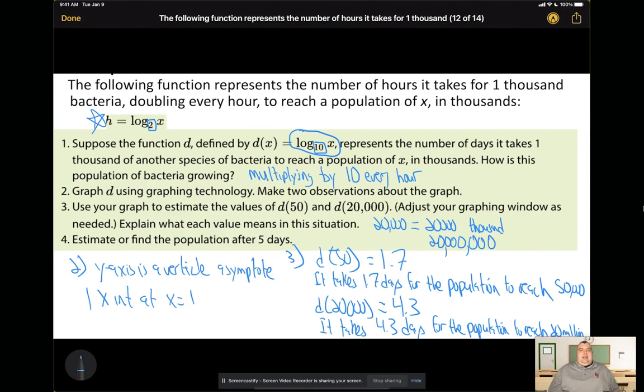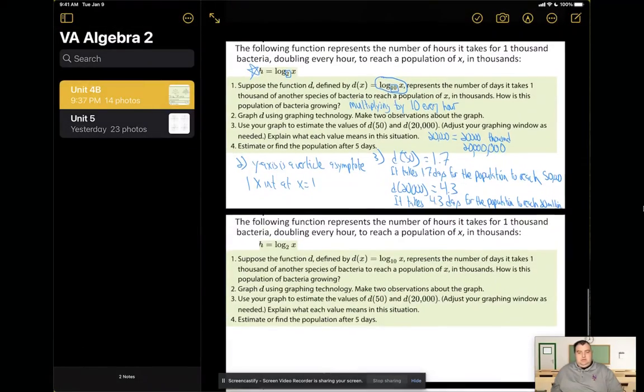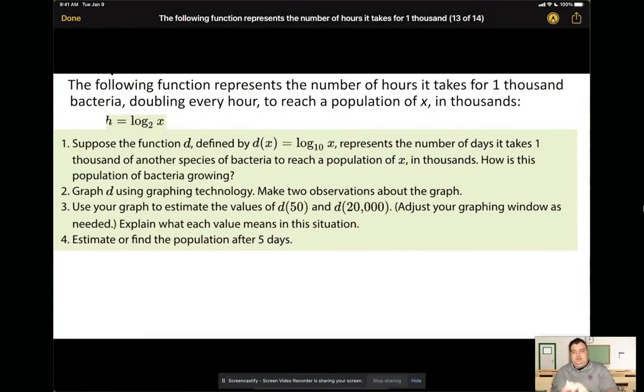So number 4, estimate or find the population after 5 days. Since this tells me the number of days, I have to take log base 10 of x and set it equal to 5.